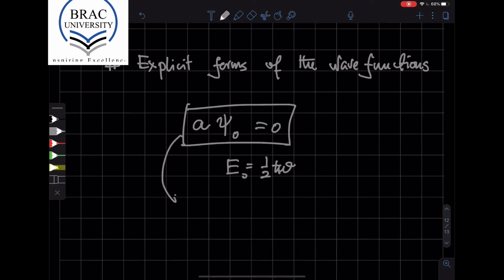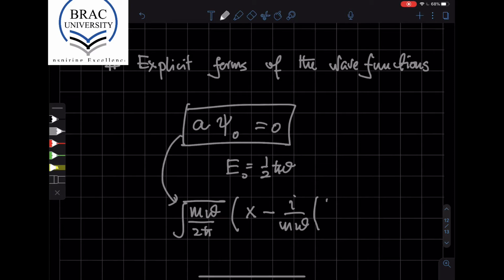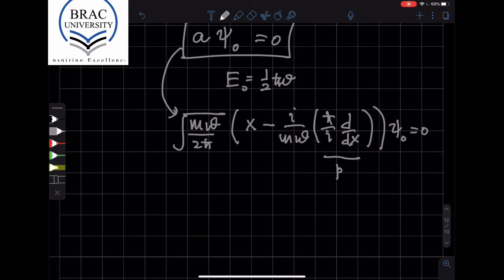So this thing can be written as the square root of m omega by 2 h bar, times x minus i by m omega times h bar by i d by dx. So this is the momentum operator, this is basically p, acting on psi 0 gives us 0. So this is a differential operator for psi.